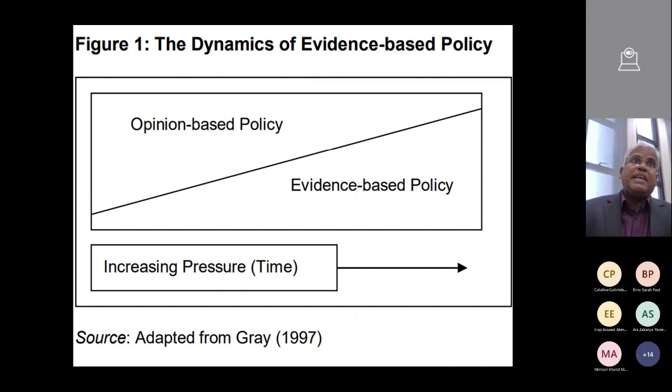And perhaps in the decades before, it's largely opinion-based policy making that was predominant. So if you look at this chart, it clearly demonstrates that we have reached a stage that almost most aspects of policy making today rely on evidence-based policy, what is briefly called EBP, evidence-based policy.